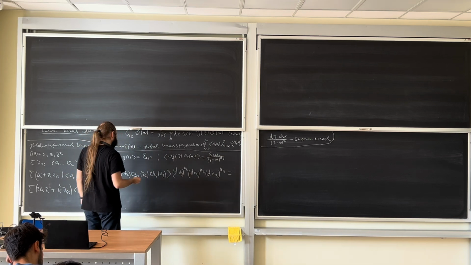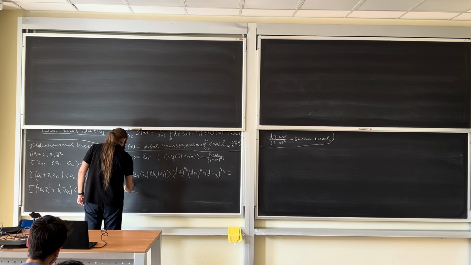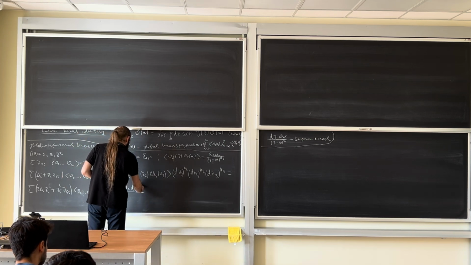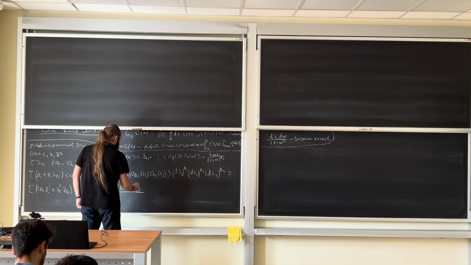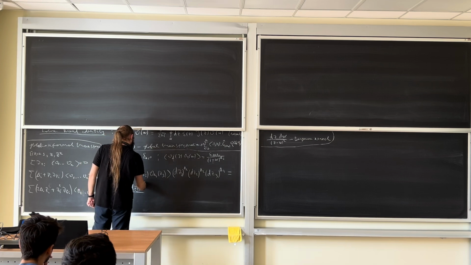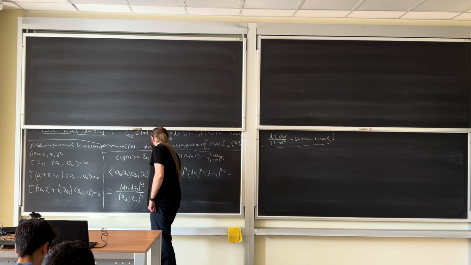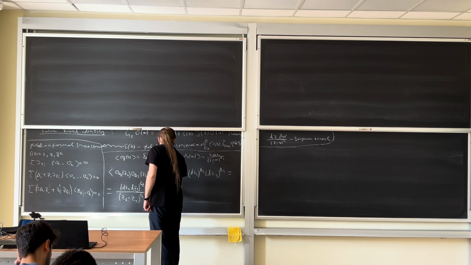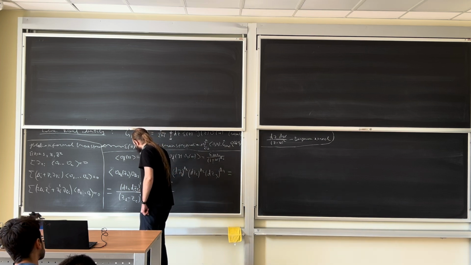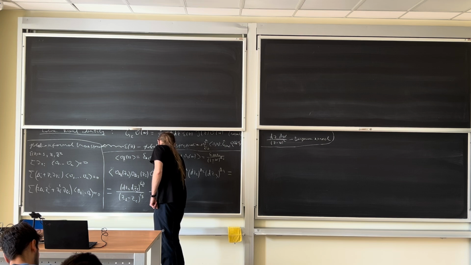Namely, let us write something like dz1 dz2 to some power, divided by (z1 minus z2) to the power c1, times dz2 dz3 to the power c2, divided by (z2 minus z3) to the power c2, and dz3 dz1 to the power c3 over 2.